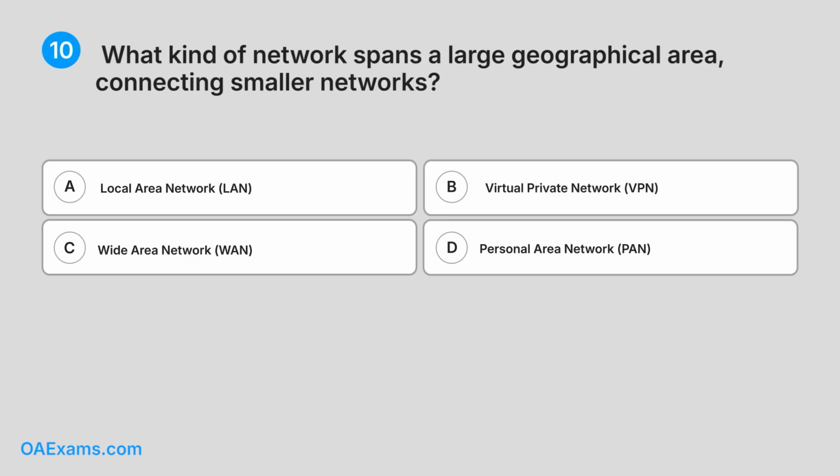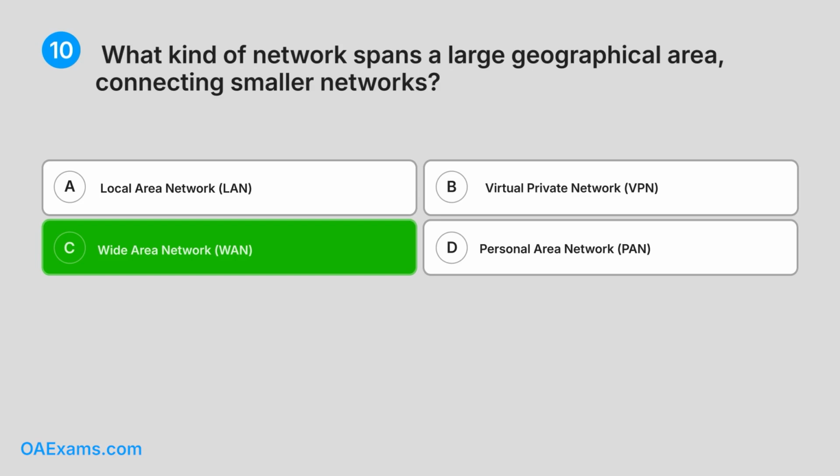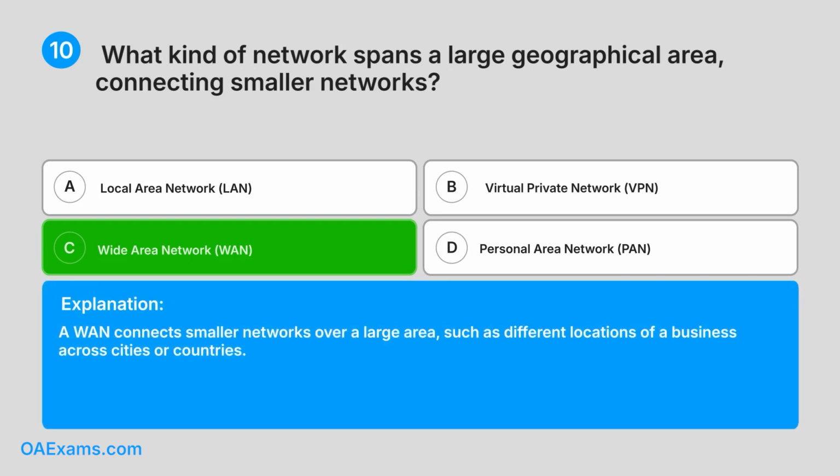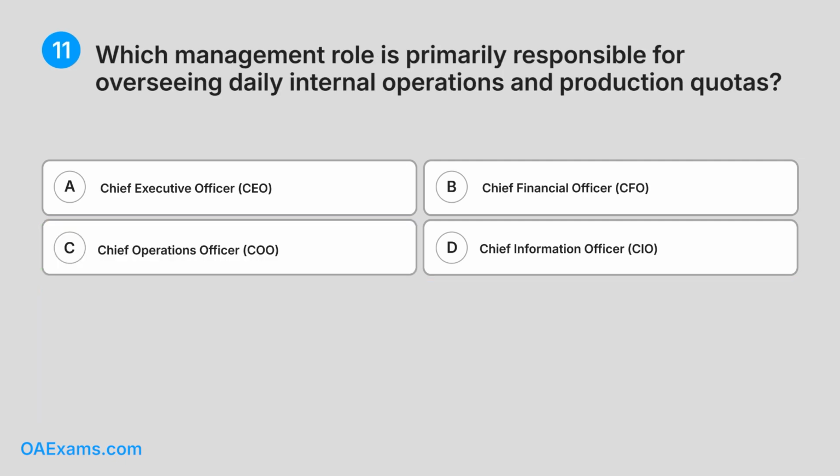Correct answer, C. Wide area network, WAN. Explanation. A WAN connects smaller networks over a large area, such as different locations of a business across cities or countries.